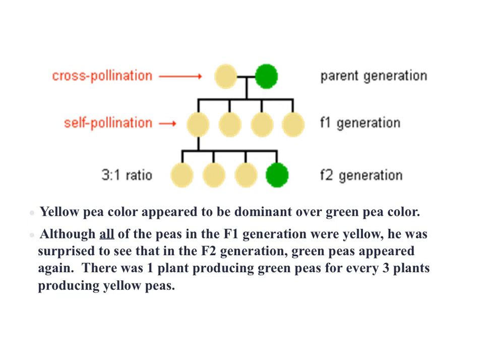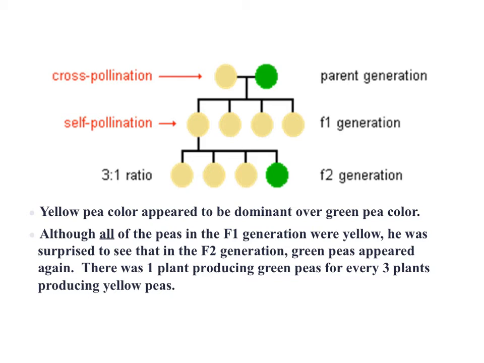So as Mendel continued to cross-pollinate yellow and green peas, he started to discover some patterns. Okay, so let's take a look at the picture up here. Here we have the parent generation. So he has 1 yellow pea parent, and he's going to cross it with 1 green pea parent. Next is the F1 generation.